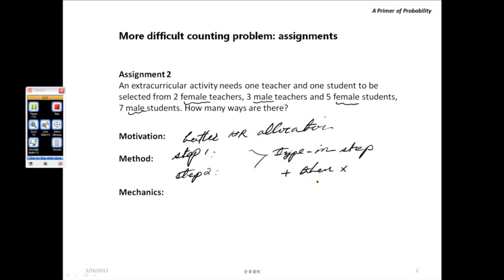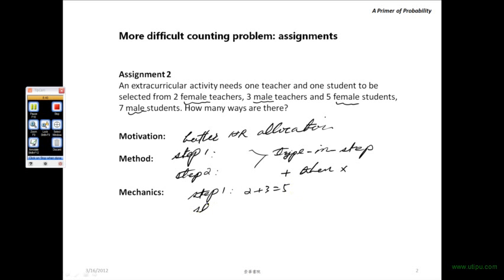Therefore, we are ready to do mechanics now. For step 1, there are 2 plus 3 equals 5 different ways.